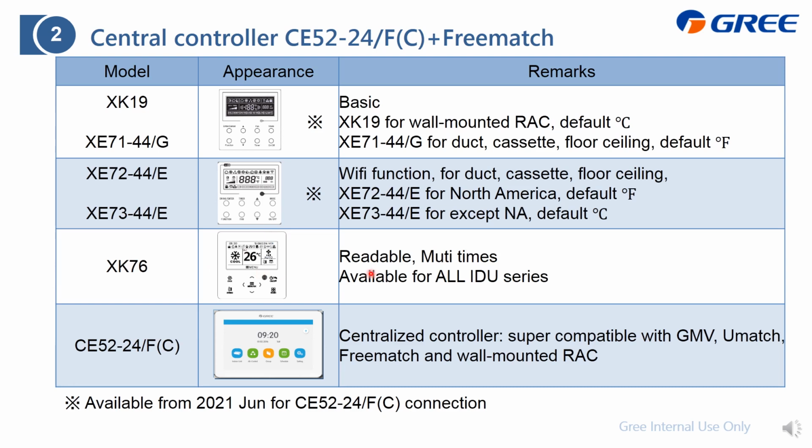It also has multi-timers for the customer, making it easier to control or make a detailed schedule for the indoor unit. Besides, it is available for all indoor units, no matter if it is wall mounted, ducted, cassette type, or floor ceiling type.